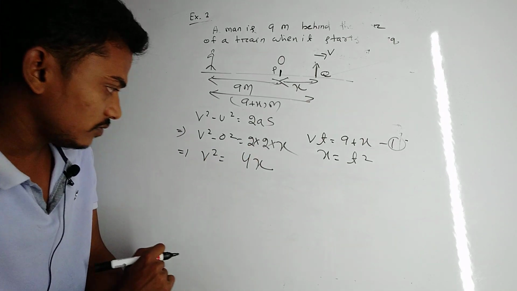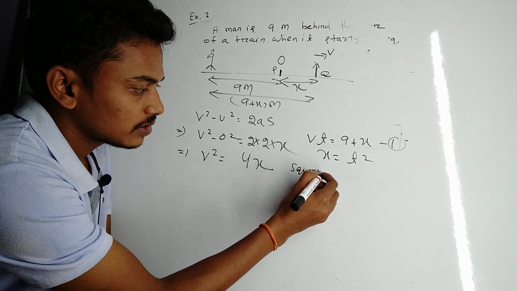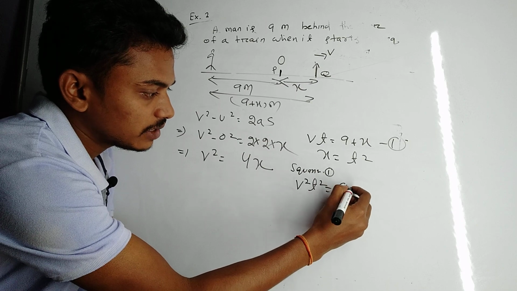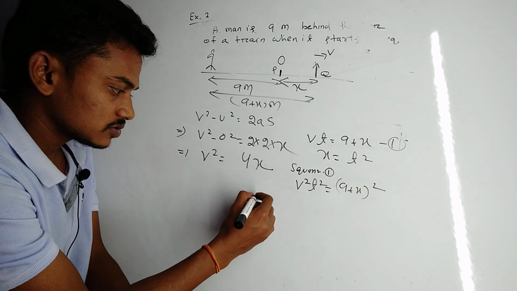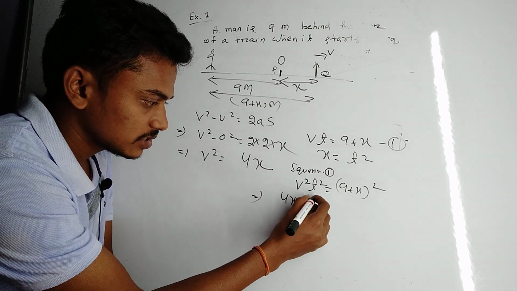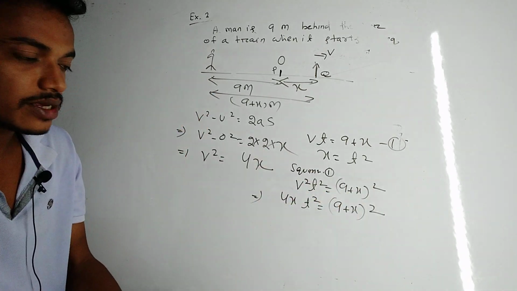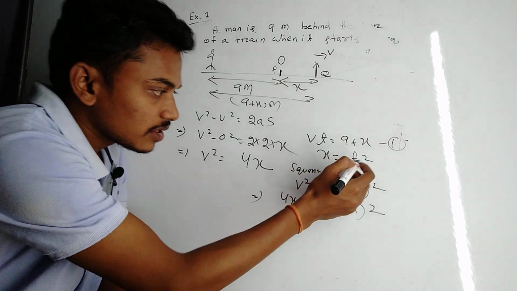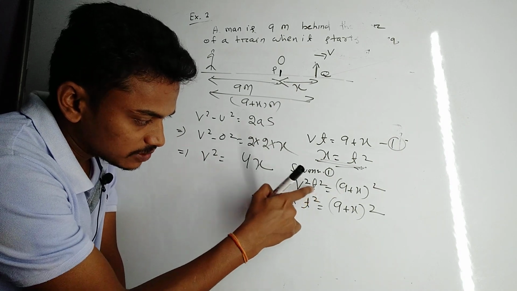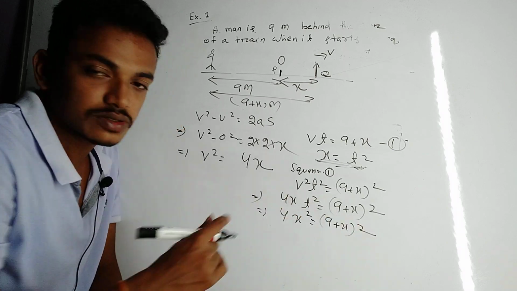Now squaring equation 1, we get v square t square equals 9 plus x whole square. Putting v square equal to 4x, we get 4x t square equals 9 plus x whole square. Again, since t square equals x, in place of t square we can write x, so 4x square equals 9 plus x whole square.